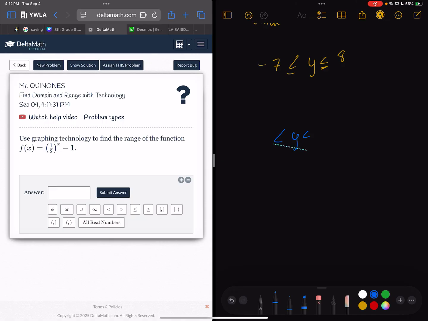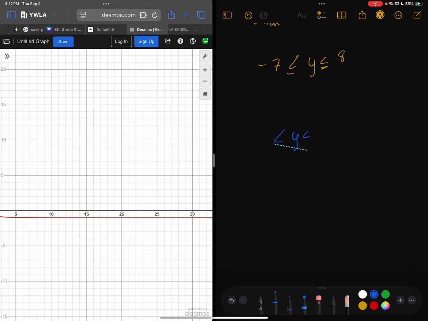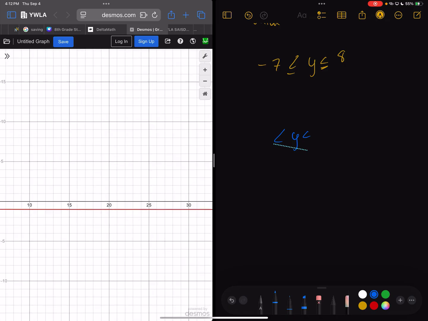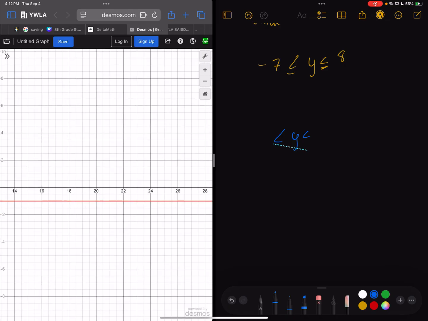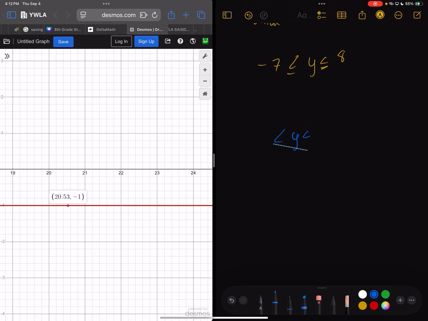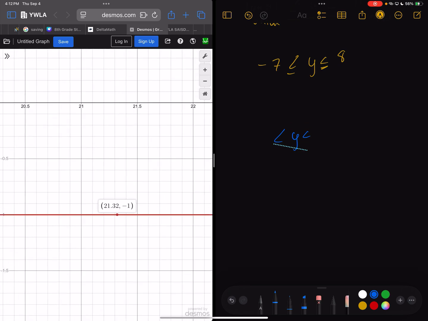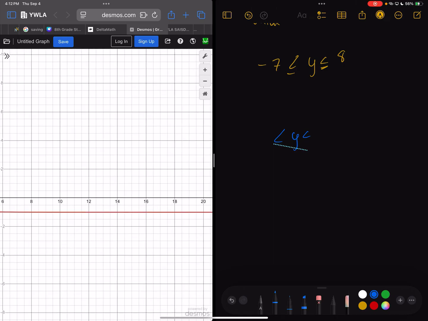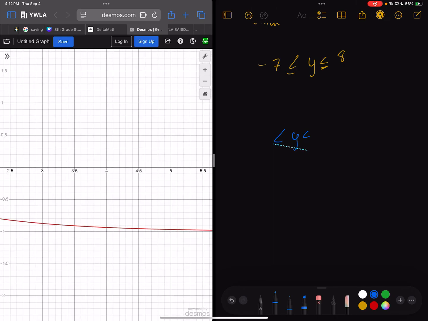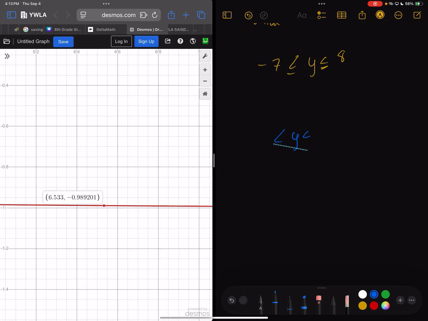And then from there, I need to see how low I go in the graph. Well, if you notice here, I am approaching some value that I will never ever intersect with.